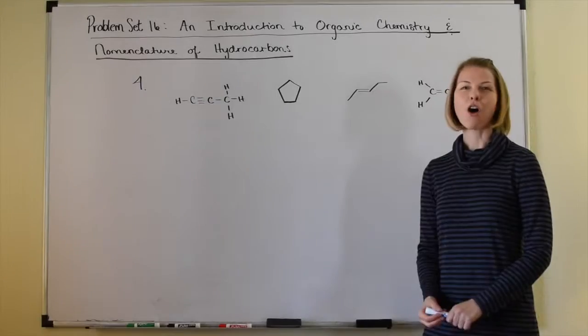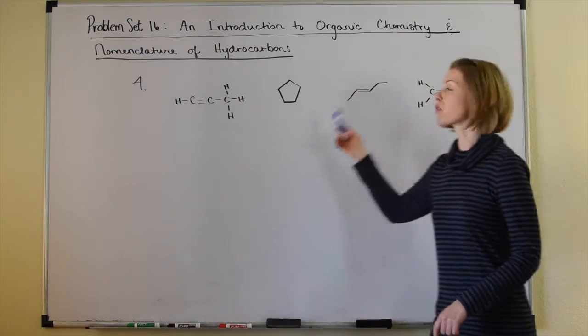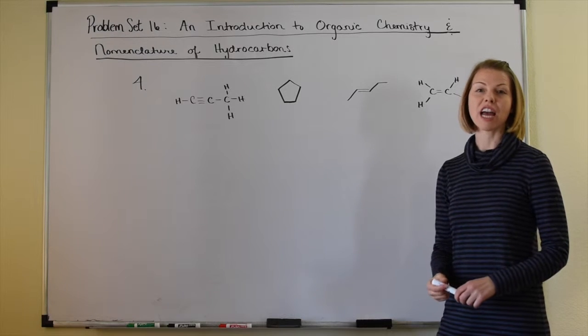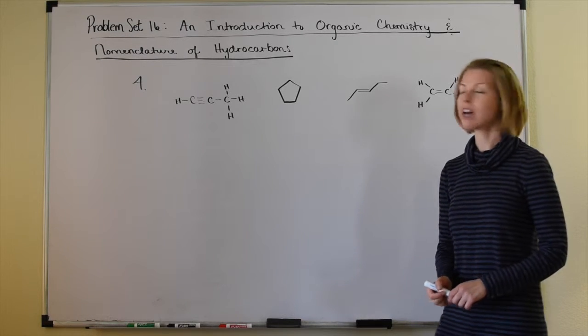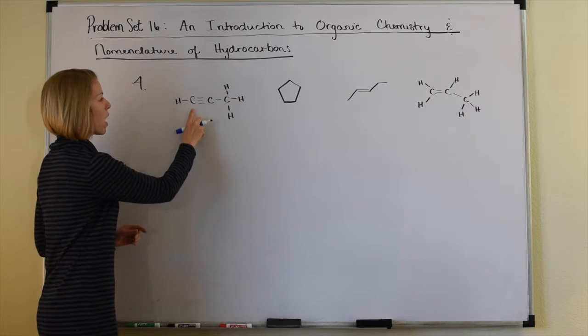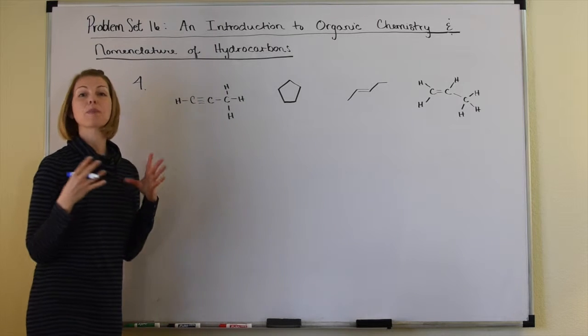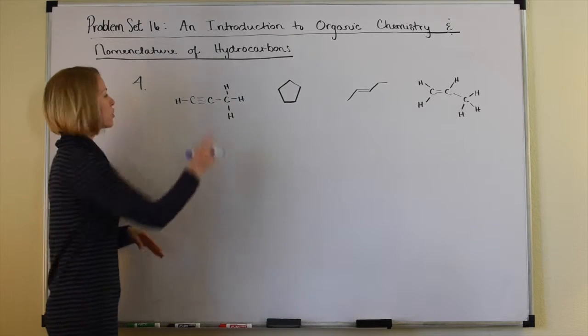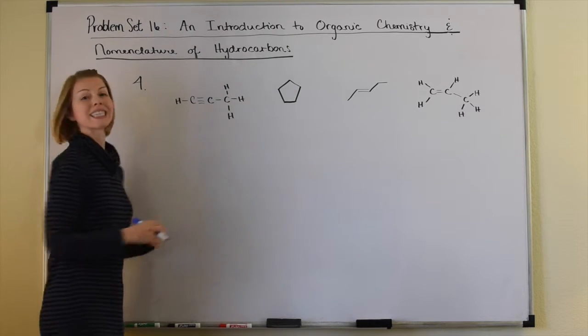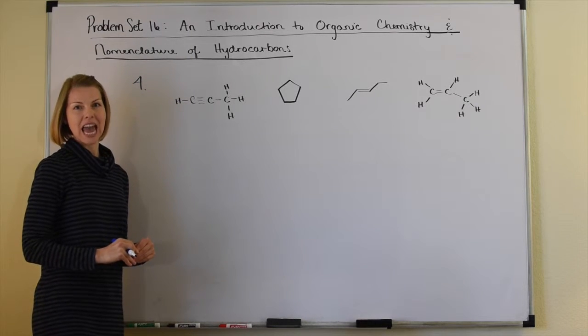Okay, problem number 4. We are going to be providing the name for these 4 different molecules that I have drawn up here on the board. Starting over here, we have 1, 2, 3 carbons. That would be the prop prefix. Notice there is a triple bond, so it is an alkyne, so we want to use the YNE ending.